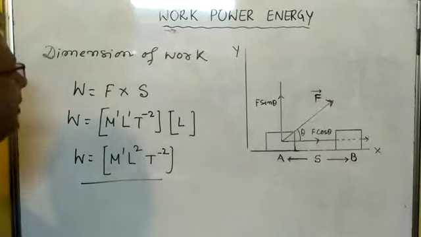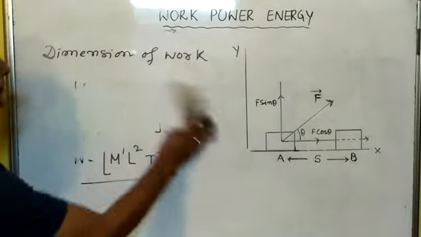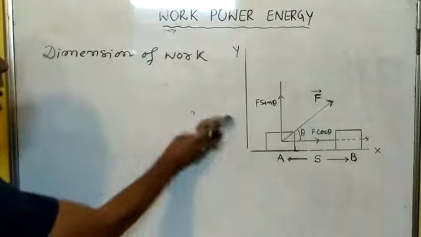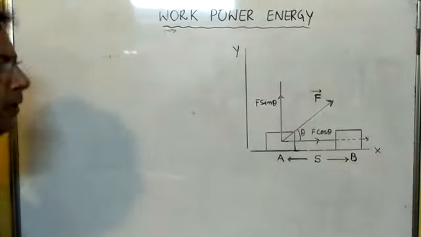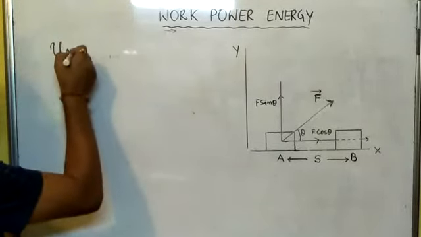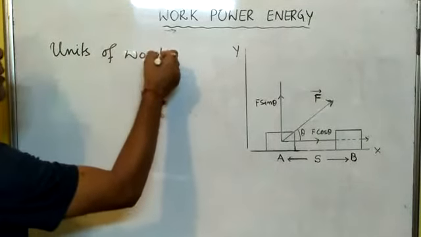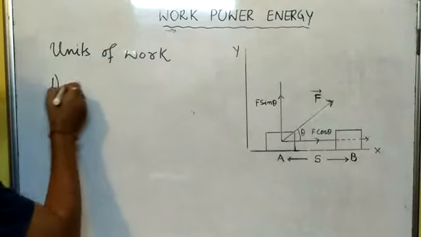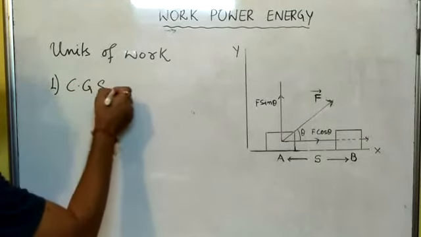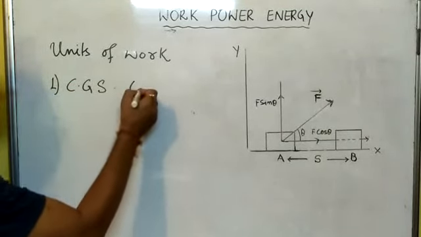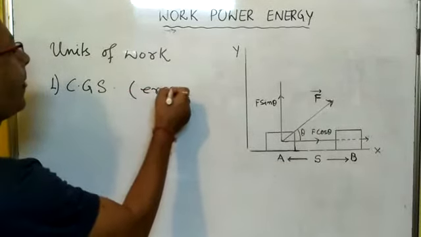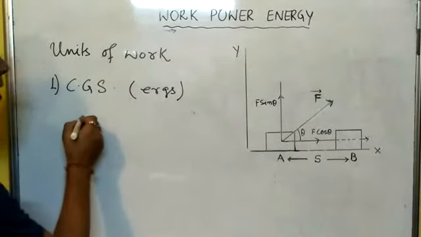And you know the units of work. Number 1, in the CGS system we call it erg. So what is 1 erg?